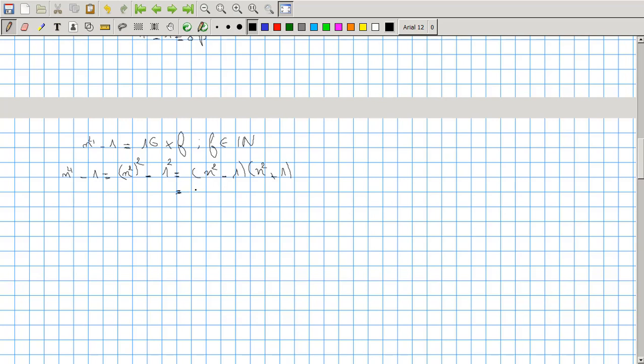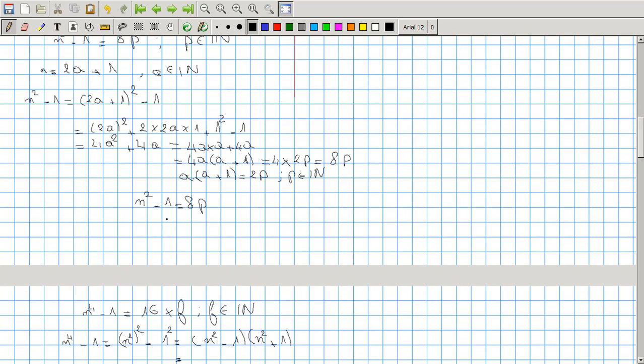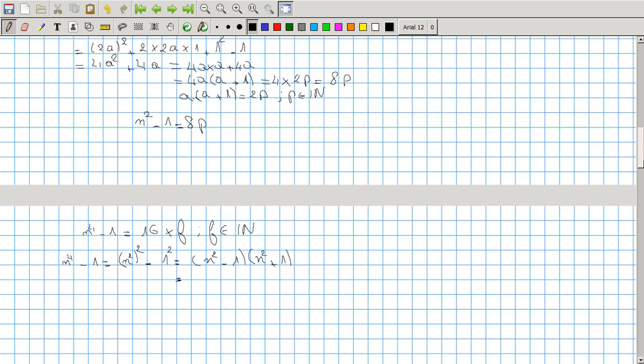In the first question we demonstrated that n square minus 1 equals 8 times b. So it equals 8 times b times (n square plus 1).